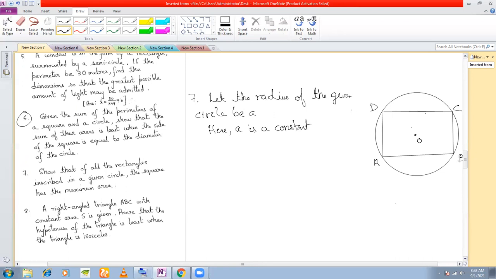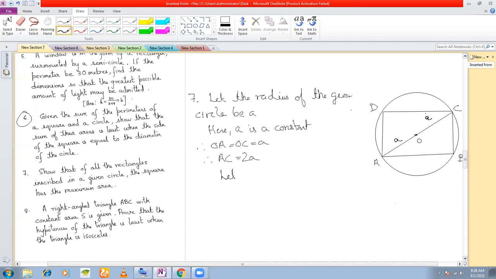So we try to join this. This length will be A, and this length will also be A. So therefore, OA is equal to OC is equal to A, right? So therefore, what is the length of AC? 2A.